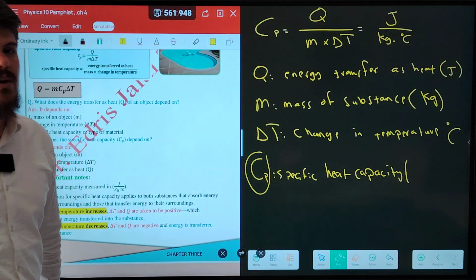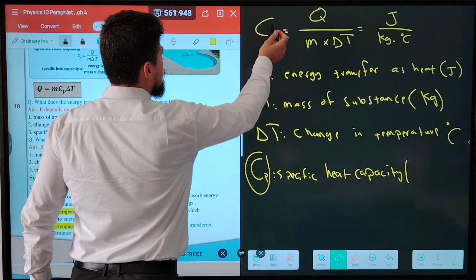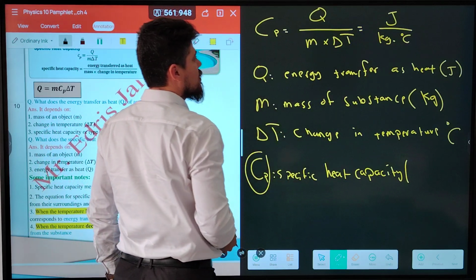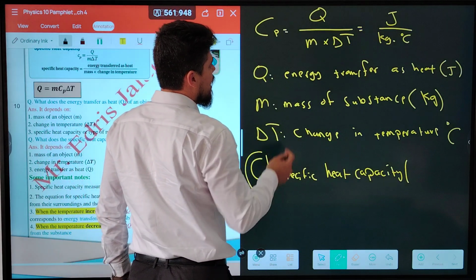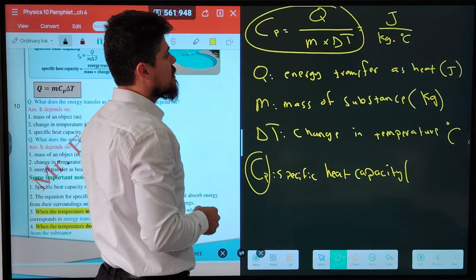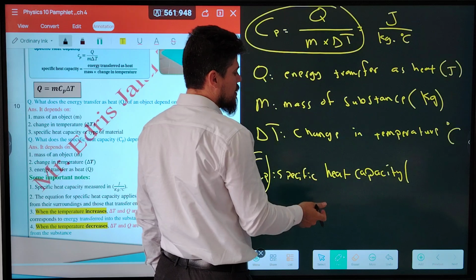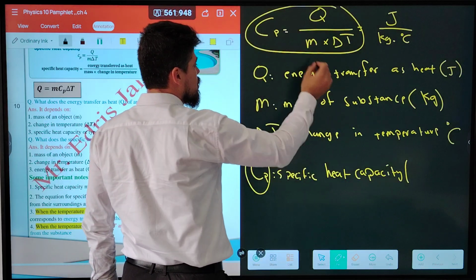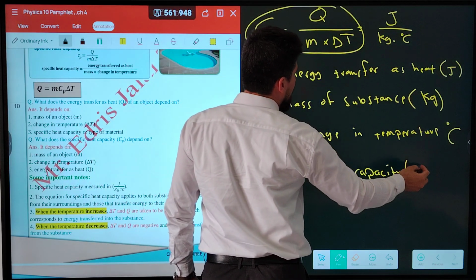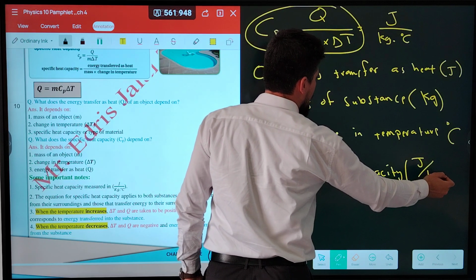This is the unit of specific heat capacity: joule per kilogram Celsius. According to this equation, you can find out the unit without memorizing, because you cannot memorize all the units.